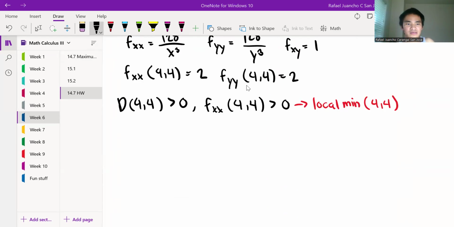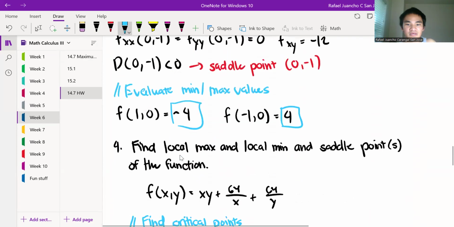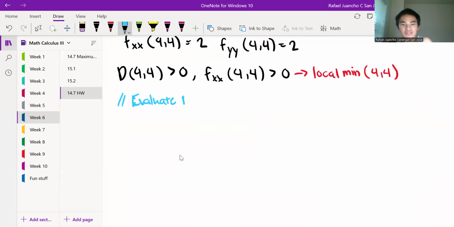Okay, and then now I evaluate. So here I am evaluating my min or max values. My saddle points, I don't have in this case. Right? So my minimum, well, I have none.